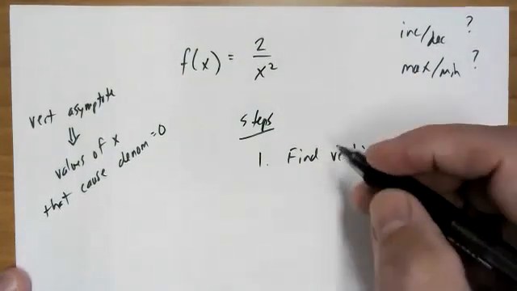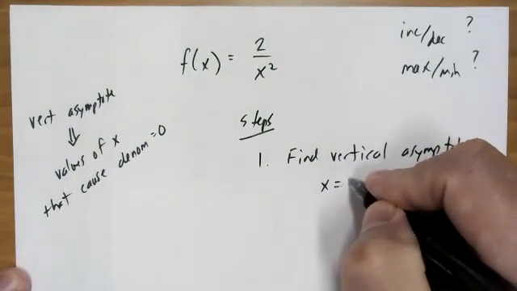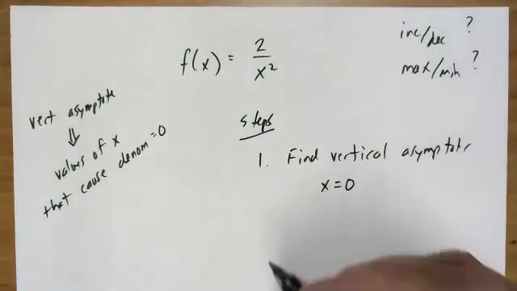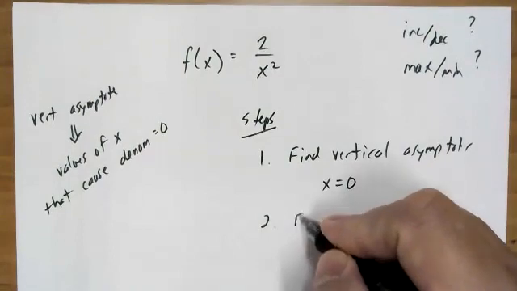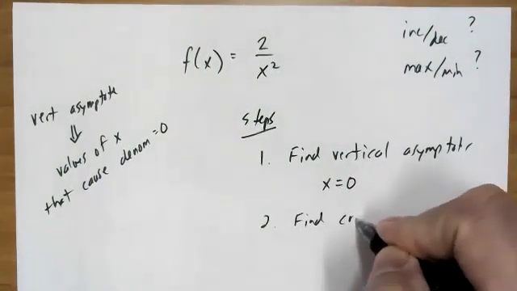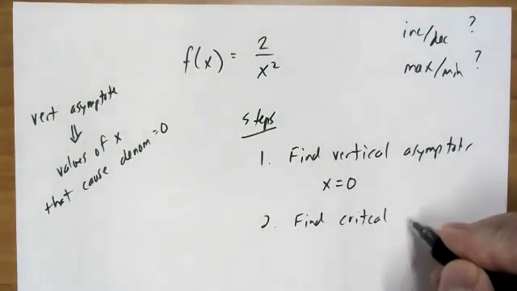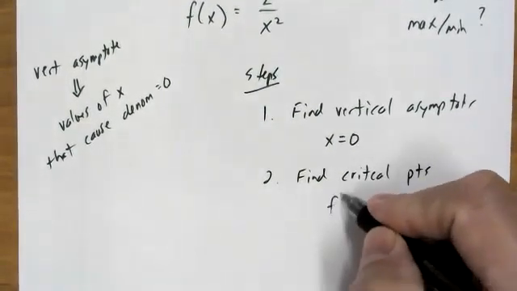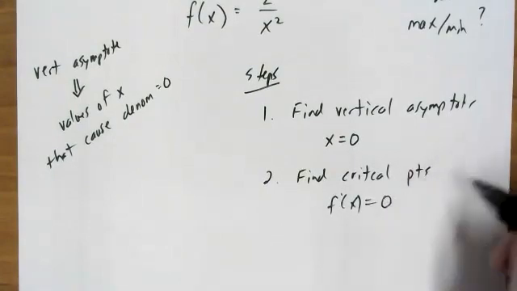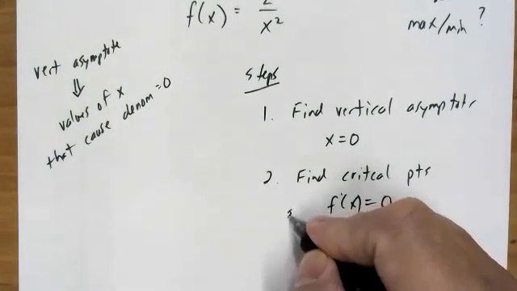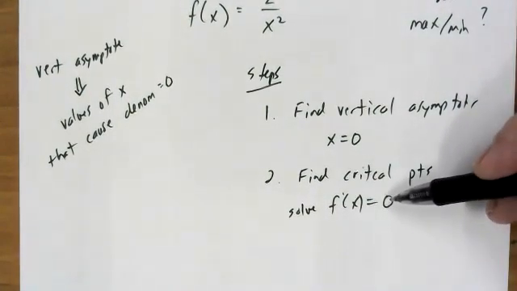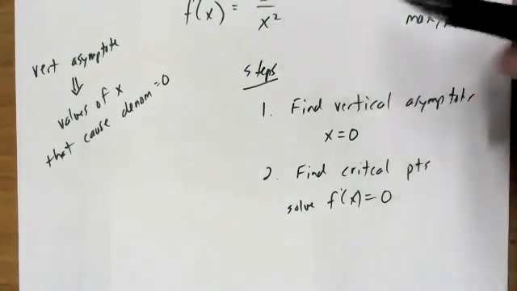Well, since it's x squared, obviously I have a vertical asymptote of x equals 0. And then we go ahead and find the critical points. Of course, we do that by taking the first derivative, setting it equal to 0 and solving it. So let's go and do that for this problem.